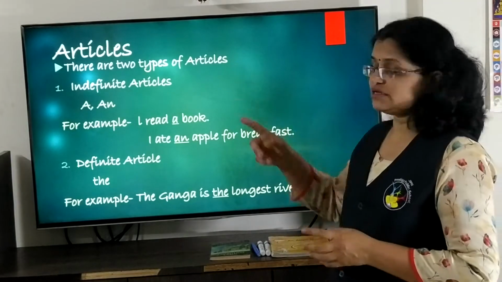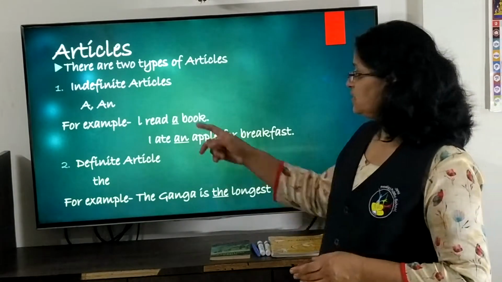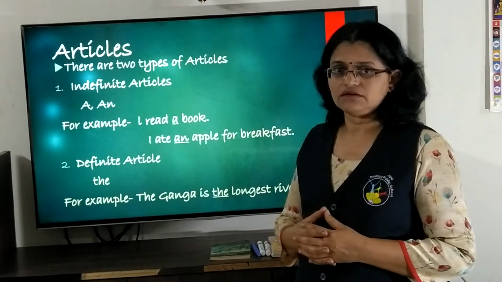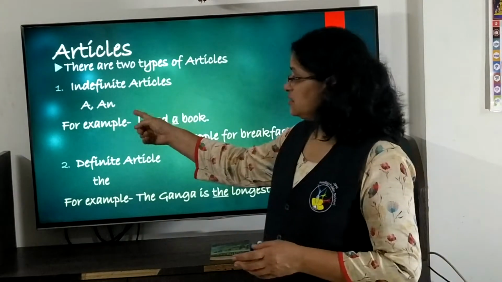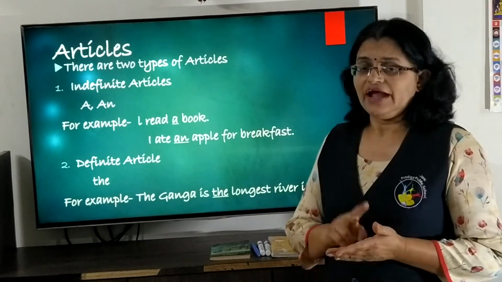First one, articles. As we know, there are 2 types of articles. One is the indefinite article and the second one is the definite article. Indefinite articles are a and an.